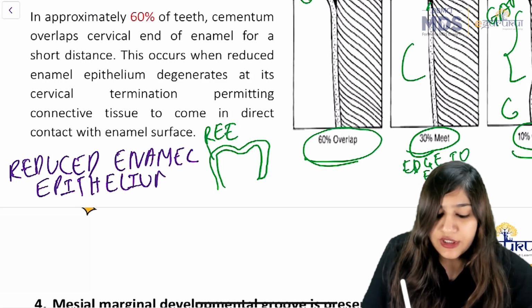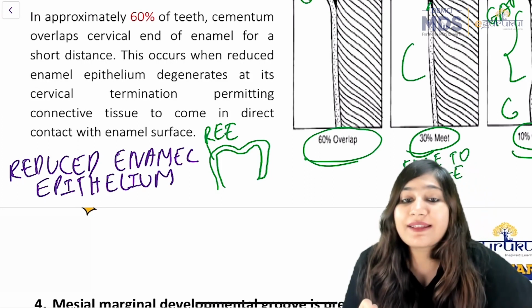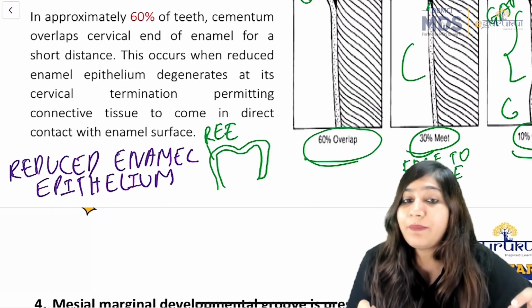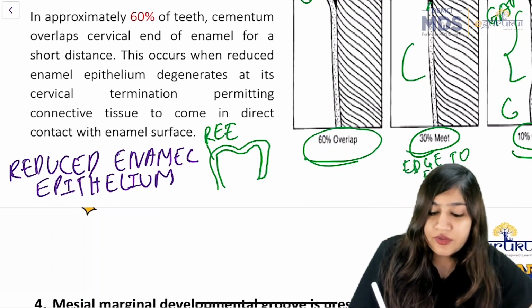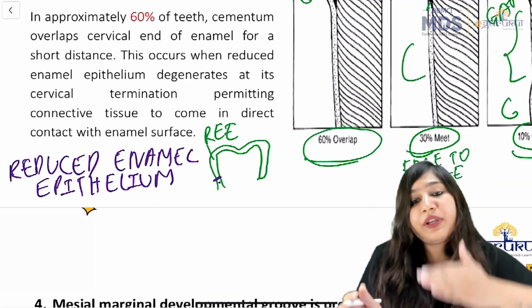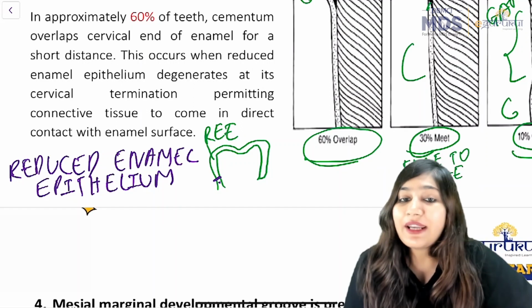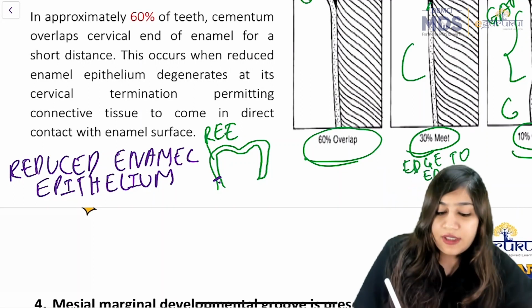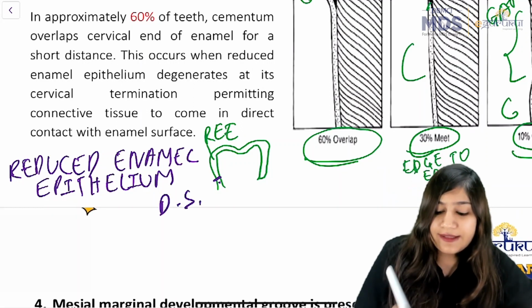So this reduced enamel epithelium retracts at the cervical portion of the crown. So sometimes it retracts here. So if it retracts, then our enamel will be exposed to dental sac cells.